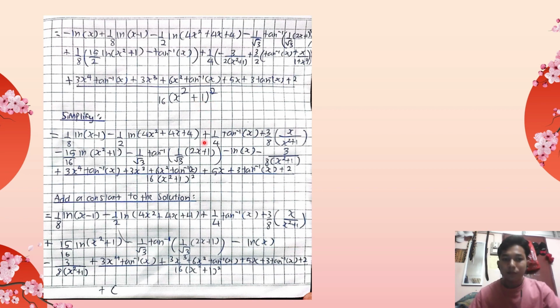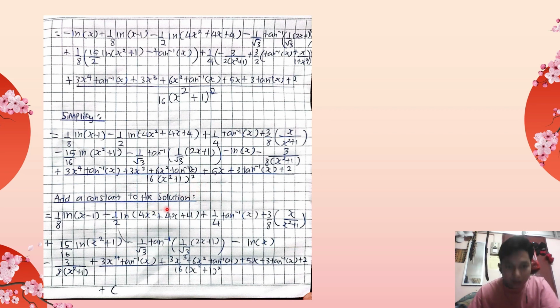And then we can simplify the previous equation, and now we can get this equation over here, which is 1 over 4 ln x minus 1 minus 1 over 2 ln 4x squared plus 4x plus 4 plus 1 over 4 arctangent x plus 3 over 8 bracket of x over x squared plus 1 minus 15 over 16 ln x squared plus 1 minus 1 over square root 3 arctangent 1 over square root 3 2x plus 1 minus ln x minus 3 over 8x power of 2 plus 1 plus 3x power of 4 arctangent x plus 3x power of 3 plus 6x power of 2 arctangent x plus 5x plus 3 arctan x plus 2 over 16 times x squared plus 1 to the power of 2.